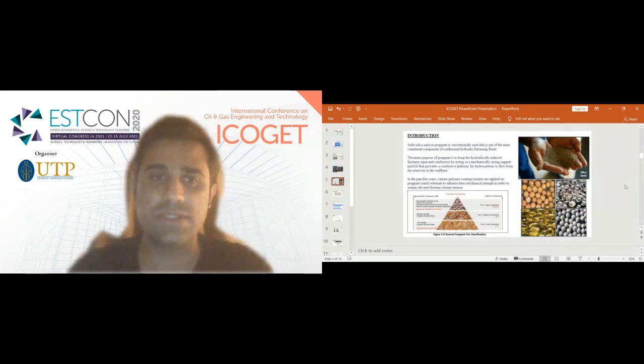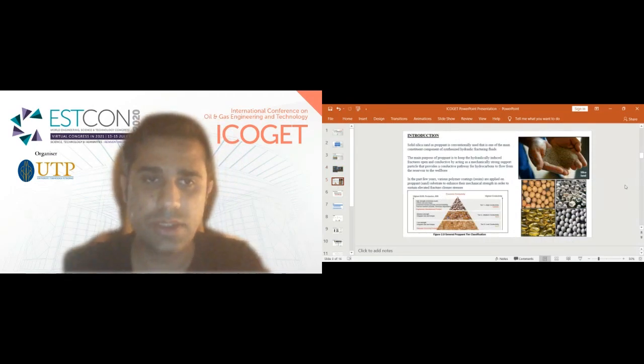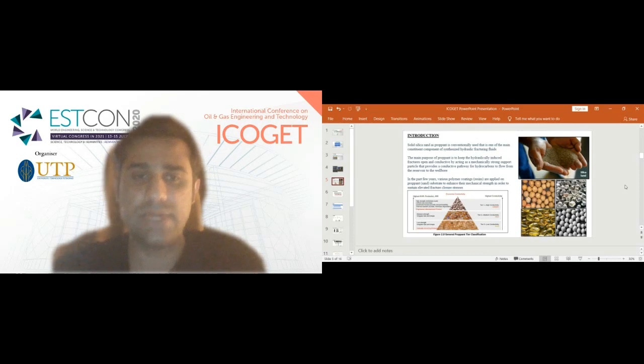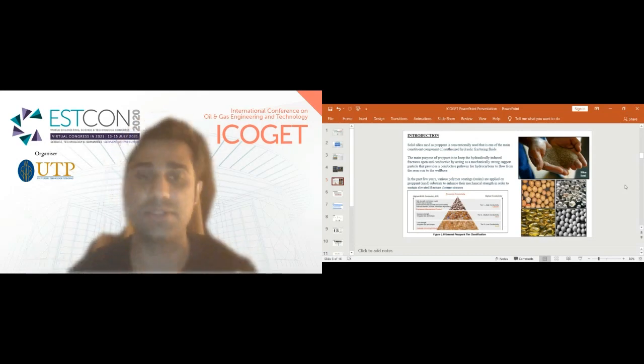Now coming to the introduction, silica sand is one of the conventional propellants and one of the main constituents of hydraulic fracturing fluid. The main purpose of propellant is to keep the hydraulically induced fractures open and conductive. That means the hydrocarbon can easily flow through the propellant pack, which acts as a mechanically strong support particle that provides a conductive pathway for hydrocarbons to flow from the reservoir to the wellbore.